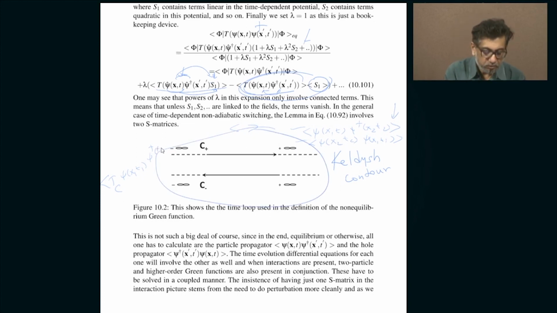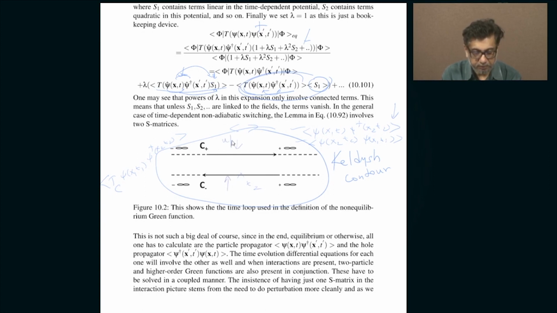In the Keldysh contour, the times that I am referring to here, T1 and T2, basically live on one of these branches. Suppose T2 is on this branch, this is called the lower branch, and that is called the upper branch for obvious reasons.